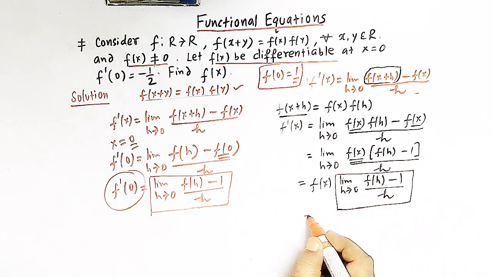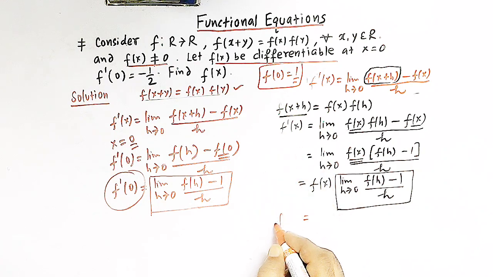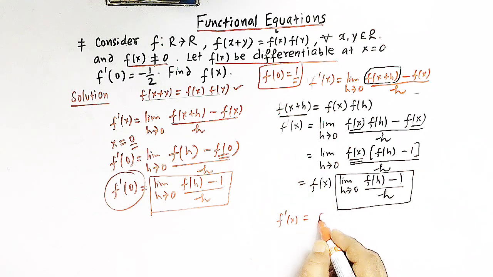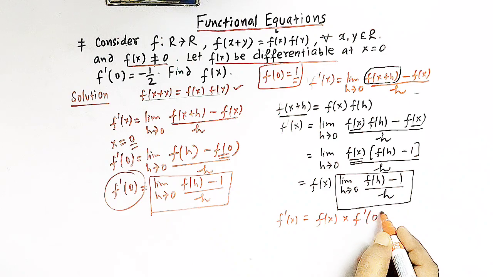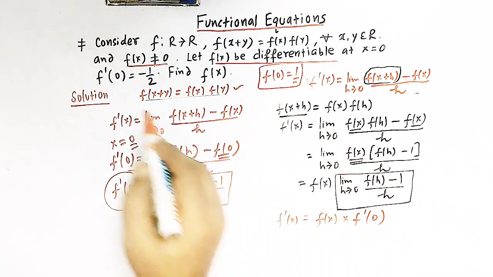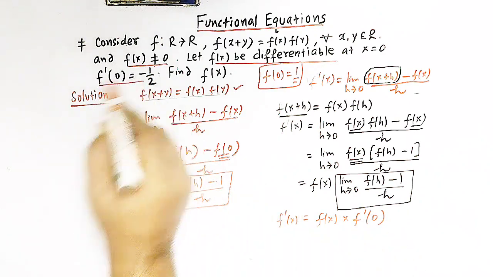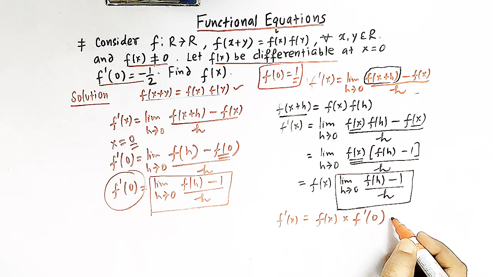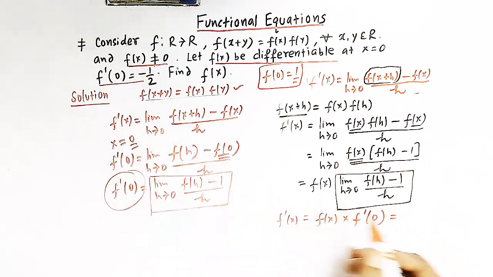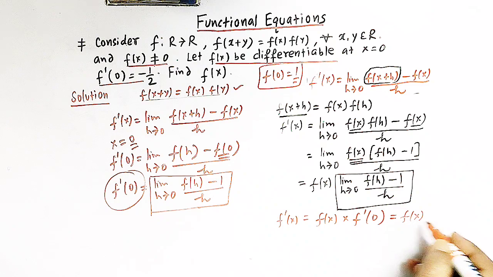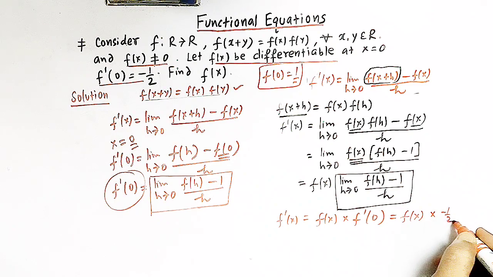So here we can now write f prime of x is equal to f of x multiplied with f prime of 0. Now f prime of 0 is given as minus half. So taking here minus half, we have f of x multiplied with minus half.